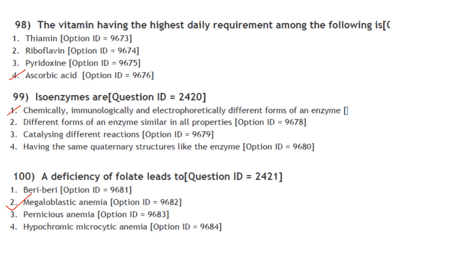Isoenzymes are chemically, immunologically, electrophoretically different forms of an enzyme. Yes. Isoenzymes are different proteins that catalyze the same reaction. They differ in their kinetic and regulatory properties, in the cofactors they use, or in their subcellular distribution.